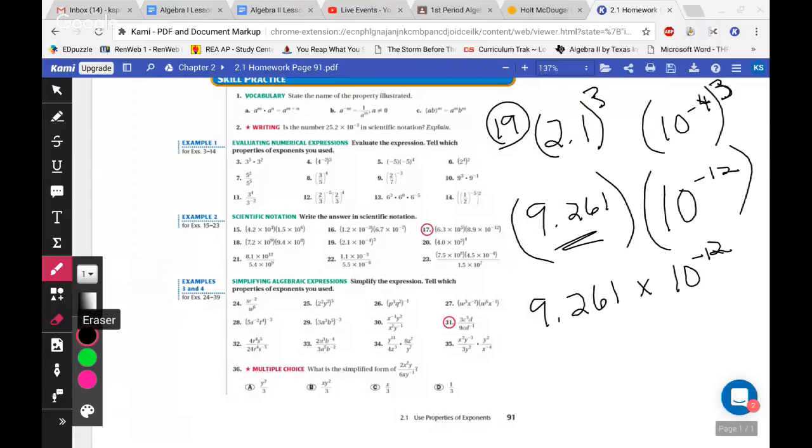Yes, memorizing the exponent rules for the tests and quizzes. For the homework and stuff like that, you could definitely use it as a reference, but eventually, you're going to have to memorize those.